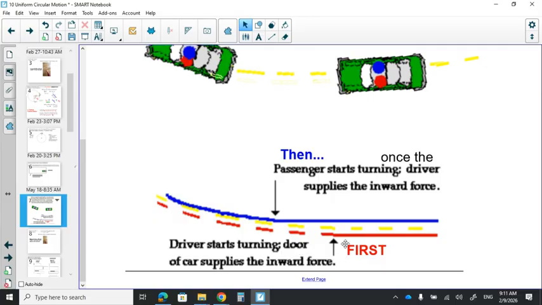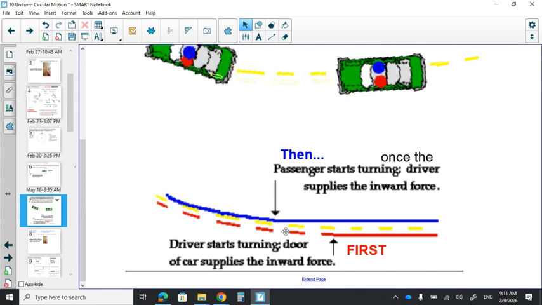So you keep going, and then of course the door pushes on the person. It's like if you're flopping around in a car and someone takes a turn really aggressively, you'd end up getting slammed. If you're the blue person, you'd feel like you're getting slammed towards the outside of the car, the outside of the circle.